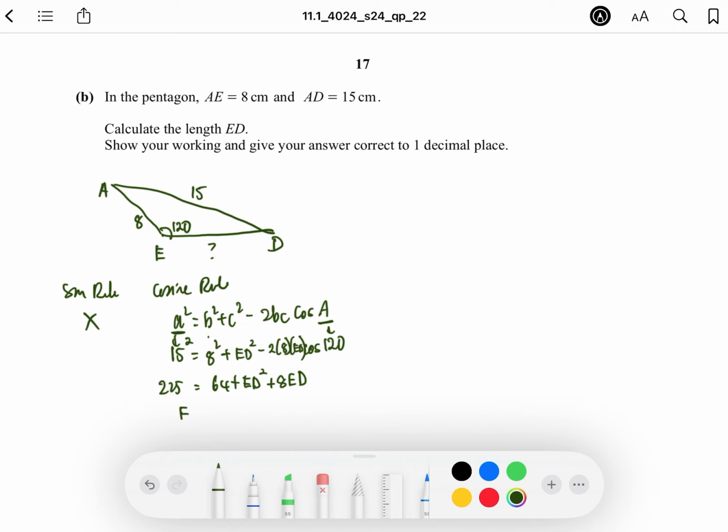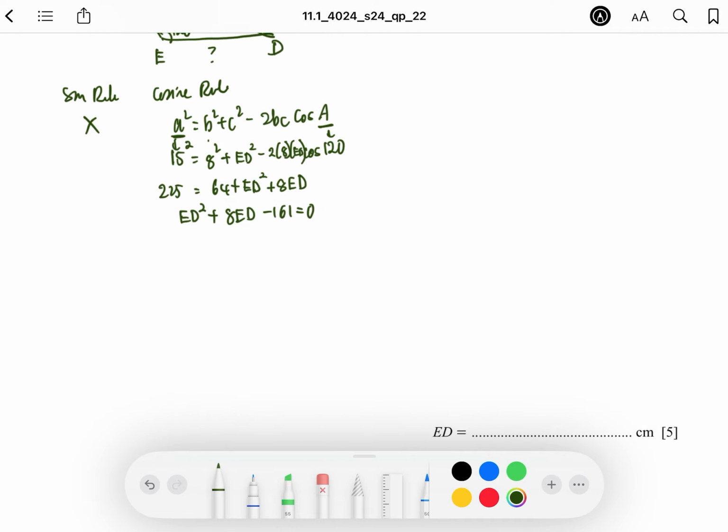Simplify it, and what you actually get is a quadratic equation. Let ED equal x, so that means x squared plus 8x minus 161 equals 0. Let me do that so you become familiar with a quadratic equation that looks more familiar.